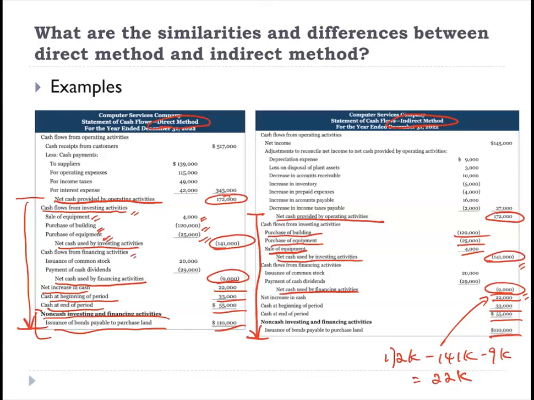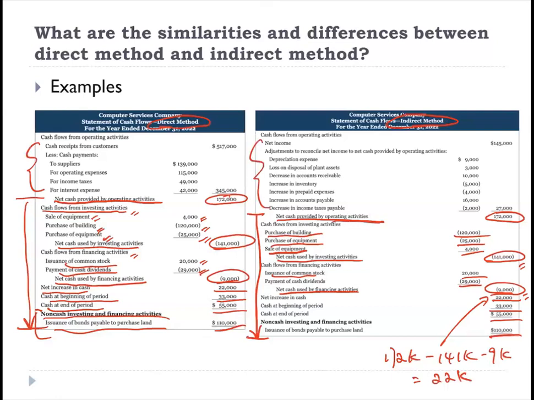For the financing activities, the firm issued common stock, which brought a cash inflow of 20,000. Payment of cash dividends: the firm paid dividends in cash, using 29,000. So anywhere after the net cash flow from operating activities, the two statements are exactly the same. The only difference happens here.